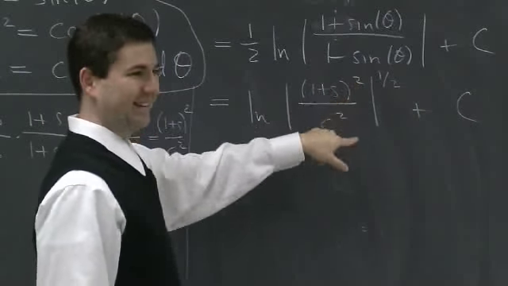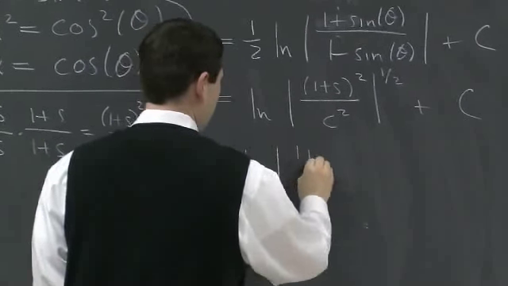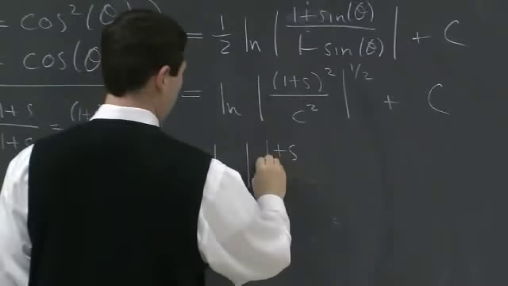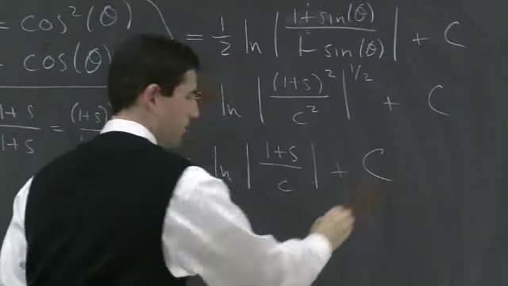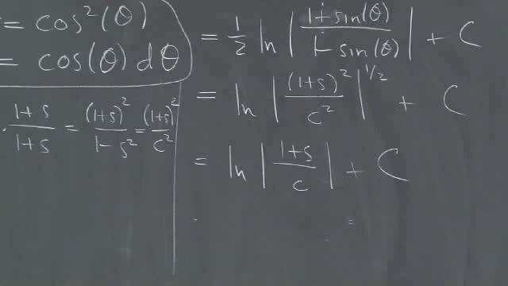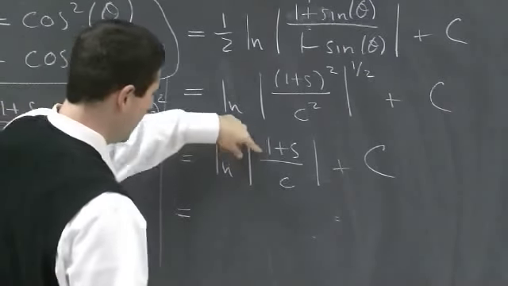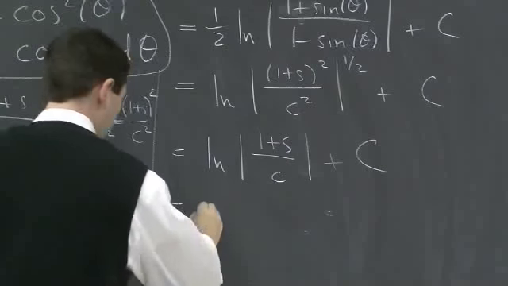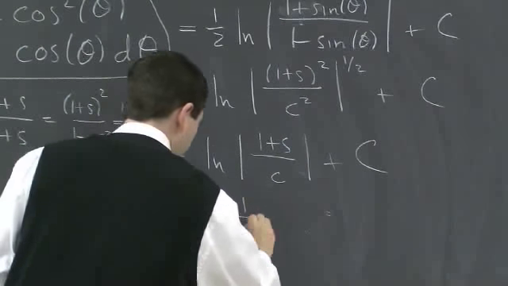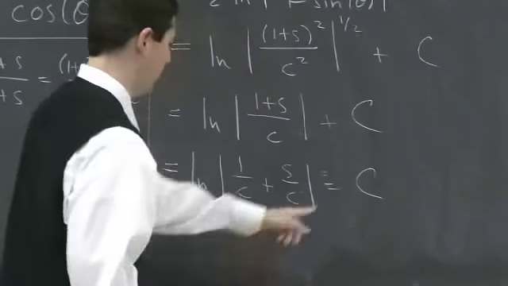Ha ha ha. It's going to kill those squares. So I get 1 plus sine, right, over cosine. All right. And if I go a little deeper, well, I have something plus something over a nice denominator, so I break that up. Right? 1 over c plus s over c. Different c over here, by the way.